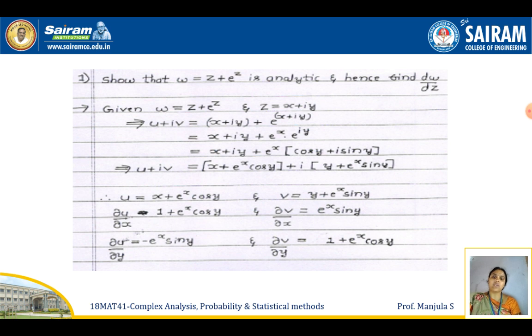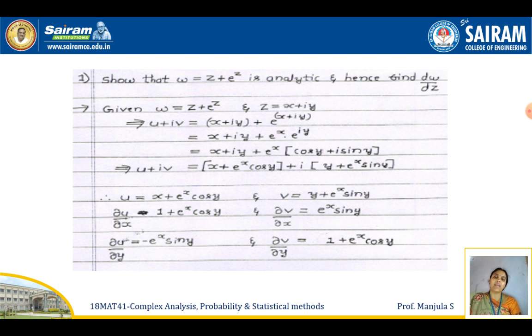So w equals z plus e to the power z. So you just replace z as x plus iy. So w stands for u plus iv, which equals x plus iy plus e to the power x plus iy. X plus iy you just write as it is, plus e to the power x into e to the power iy. Powers we can split up.